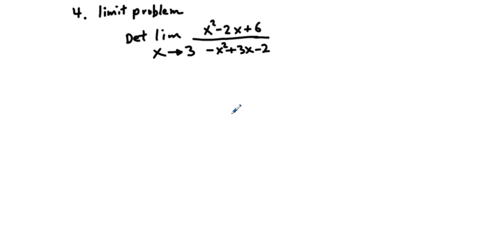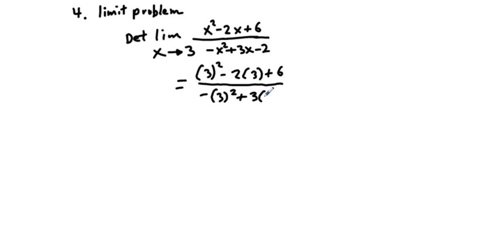Okay, problem 4, limit problem. Determine the limit as x approaches 3 of x squared minus 2x plus 6 over negative x squared plus 3x plus 6. We first plug in 3, what the limit is approaching. So we have 3 squared minus 2 times 3 plus 6, all over negative 3 squared plus 3 times 3 plus 6.